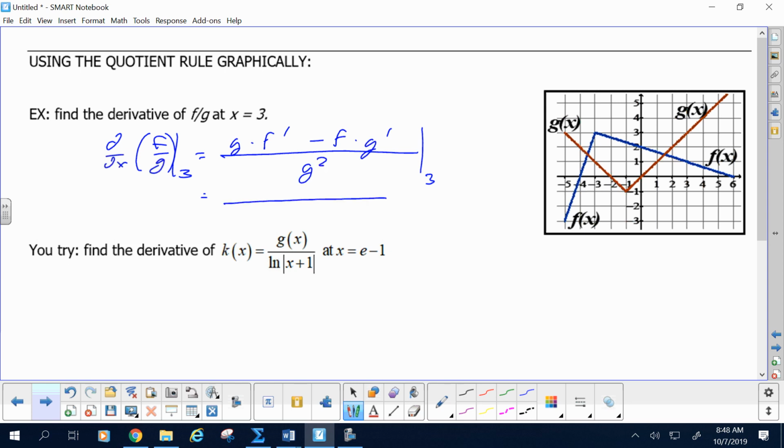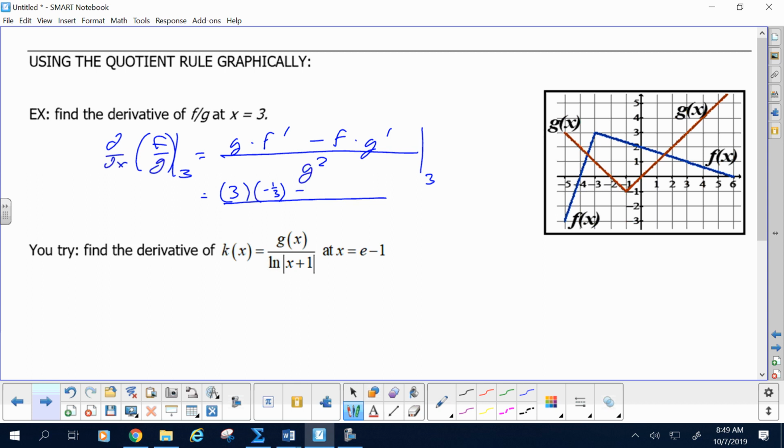What is g at 3? G is the red graph. What's g at 3? 3. F prime at 3. How do I get the derivative from a graph? Slope. So what's the derivative of the blue line at 3? Negative 1/3. Minus high. What's f at 3?